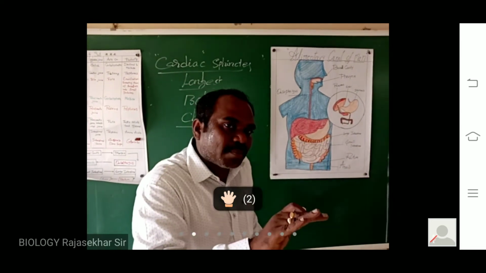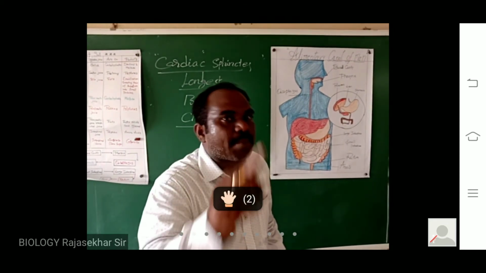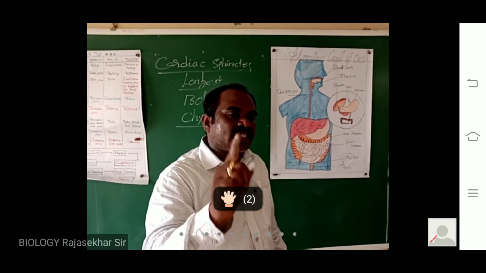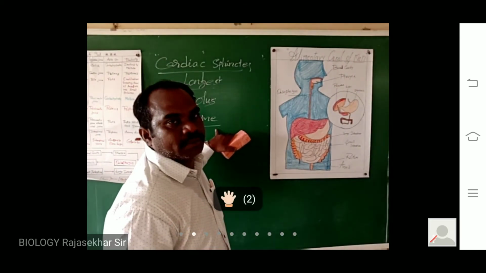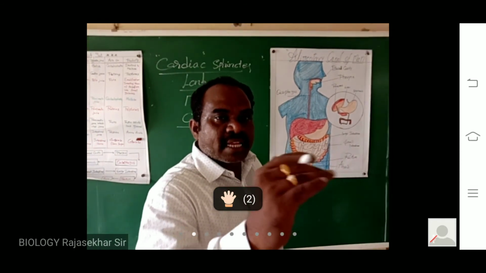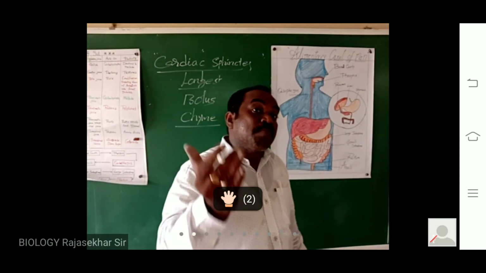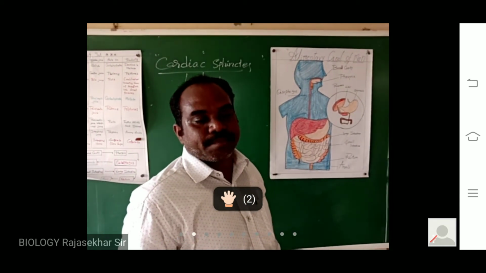What is chyme? Partially digested food materials in the stomach is called chyme. Maximum digestion takes place in the stomach, and complete digestion of food materials takes place in the small intestine.